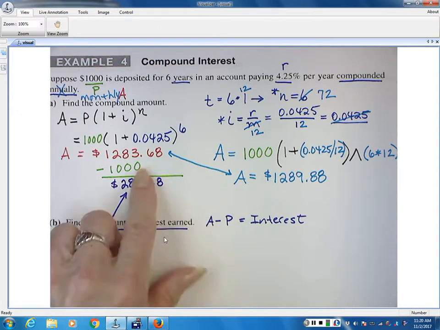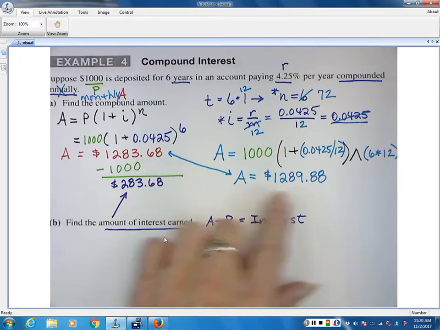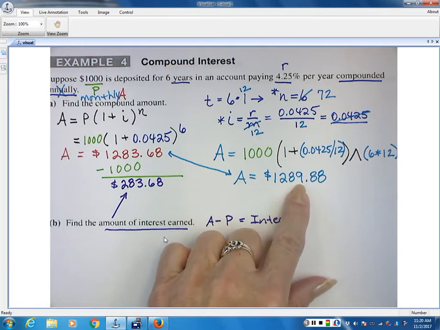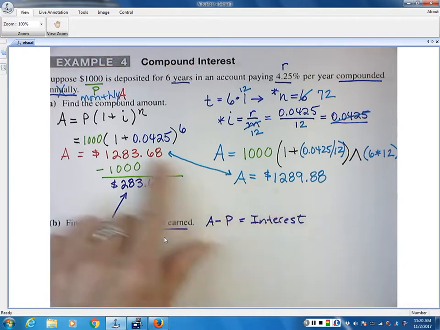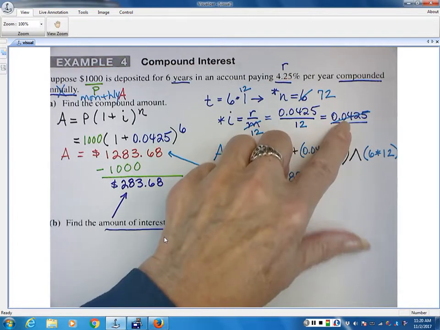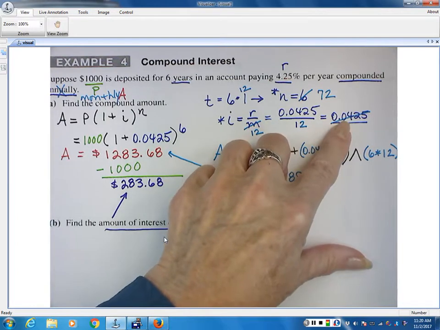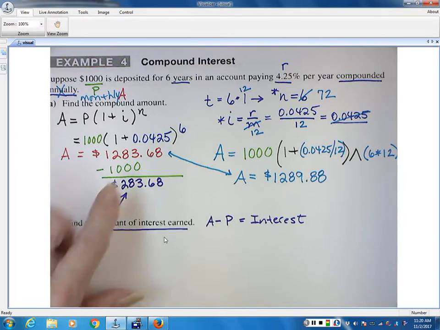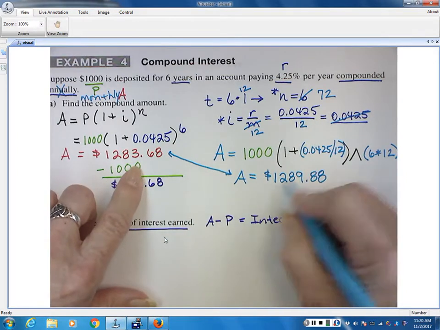Okay, but by compounding monthly, did it actually gain you that much money? Did it really change your amount that much? Not really. So it didn't gain you much. Now the interest rate, if it was a different interest rate, it might be very, very different. But the point here is that this is more.